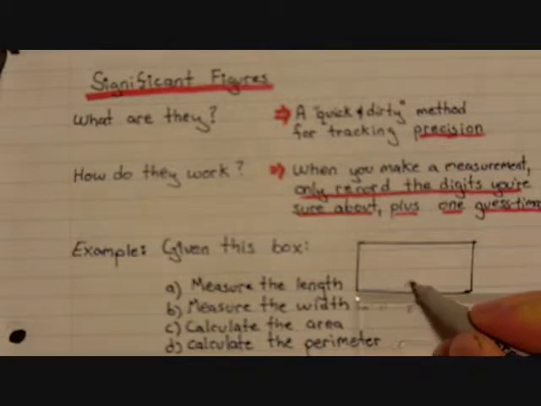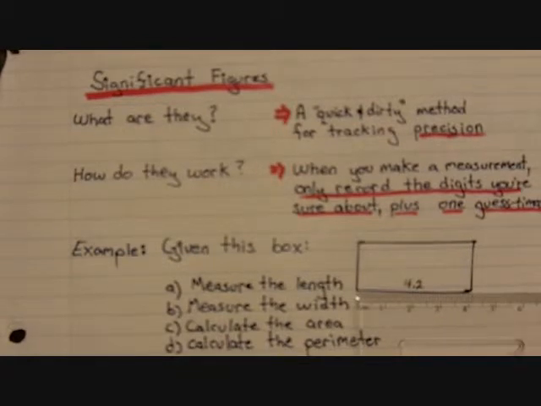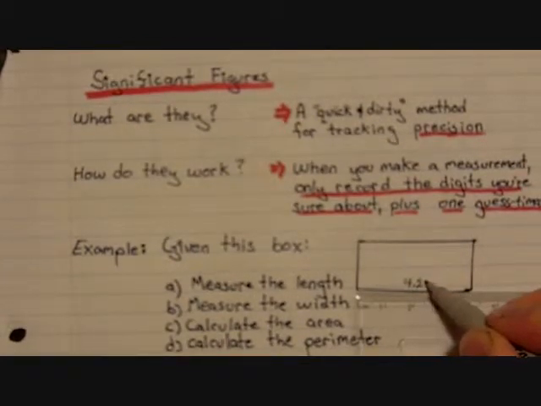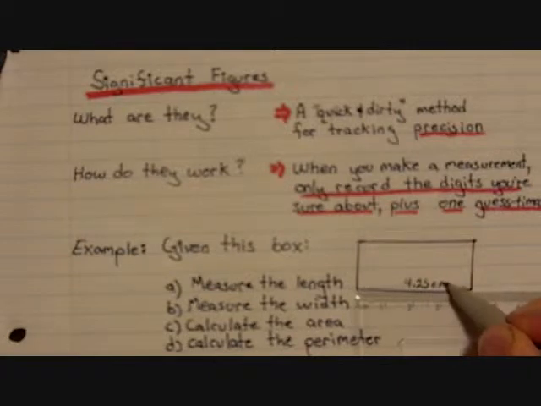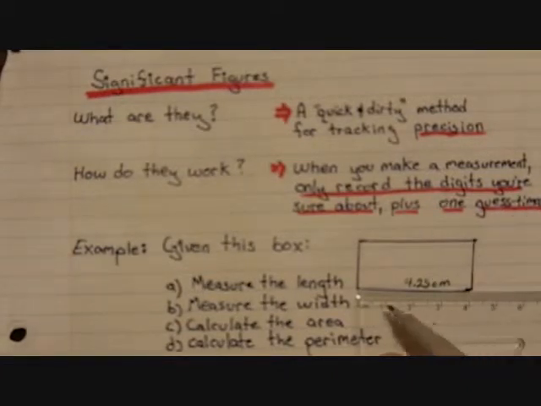So I'm sure about the 4, I'm sure about the 0.2, and I have to guess somewhere between 0.2 and 0.3. Well, I'm not too sure. Looks like it's about halfway between, so I'll guess it's 4.25 centimeters. So the convention is, if somebody else came along and looked at my measurement, they'd know for sure that I was sure about the 4 and I was sure about the 2, but I was guessing the 5. So they wouldn't put too much confidence in that.